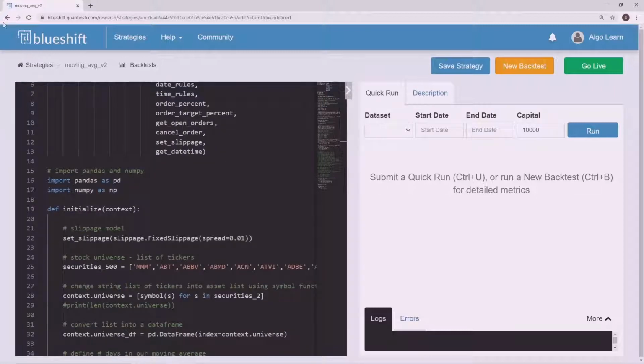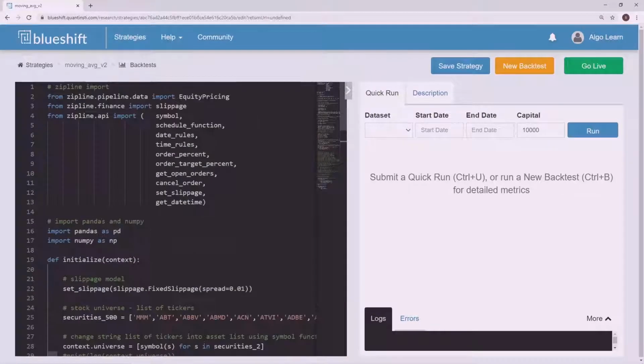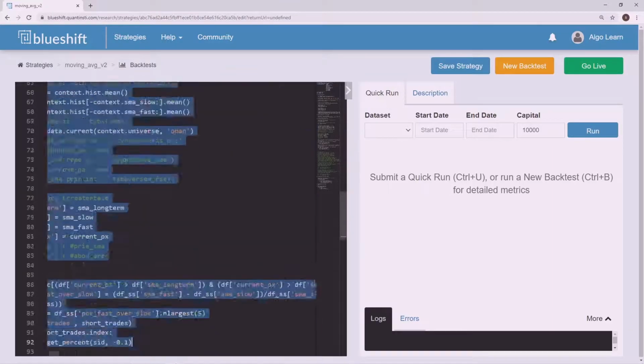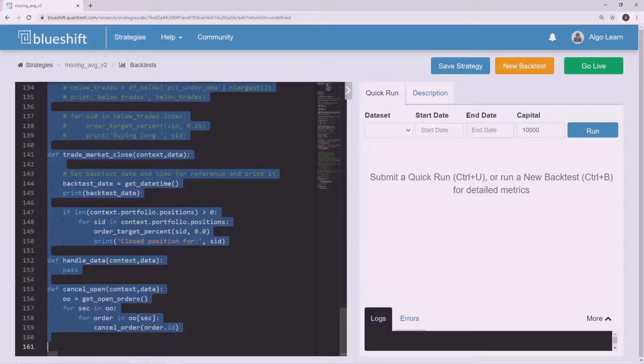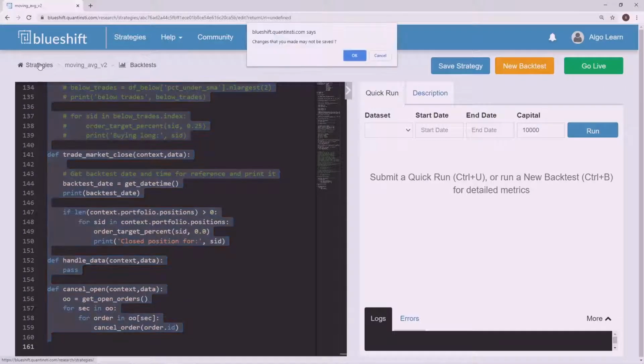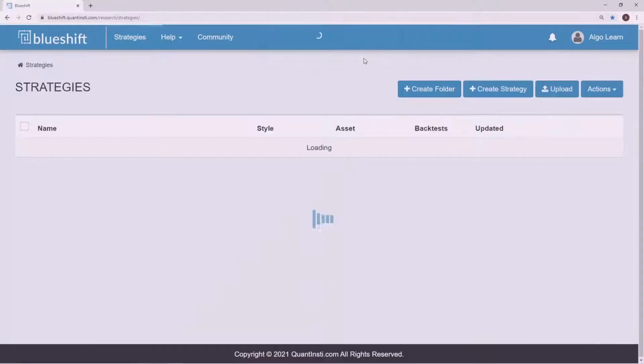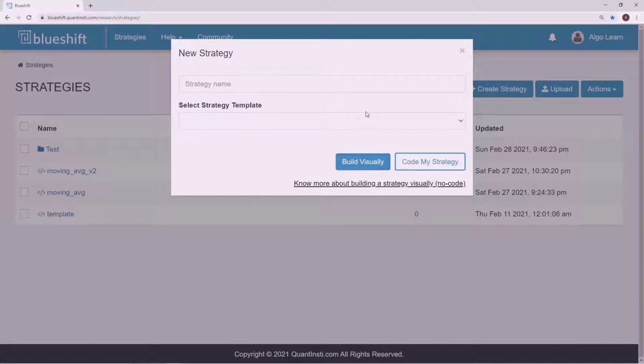And so I'm in our moving_AVG_version_2, V2 strategy that we were working on last time. Let's go ahead and just copy this, Control C, and let's just set up a new strategy. Okay. I'm going to create a strategy.